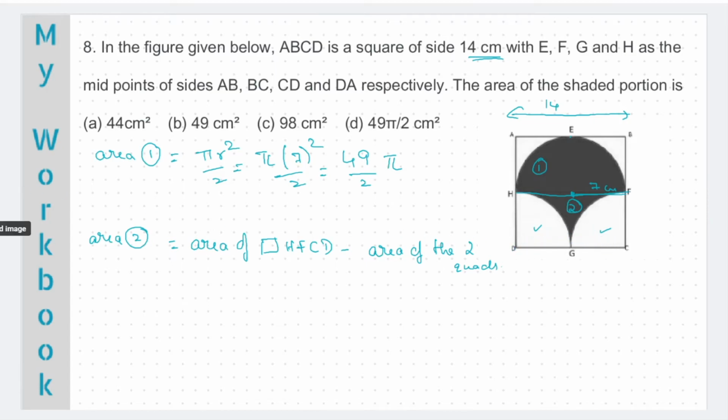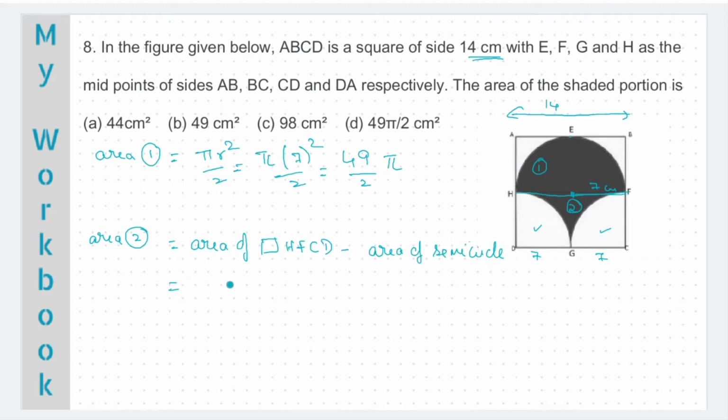Two quadrants will together form a semicircle. So we can actually replace this with area of semicircle. Radius is same for both the quadrants here because G is the midpoint. Here also it is 7 centimeter. Here also it is 7 centimeter. So two quadrants with radius 7 centimeter will form a semicircle like in this figure, and the radius will be 7 centimeter.